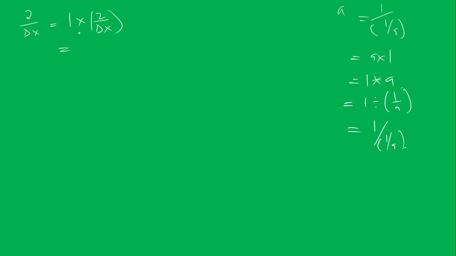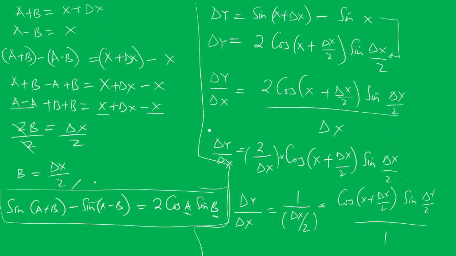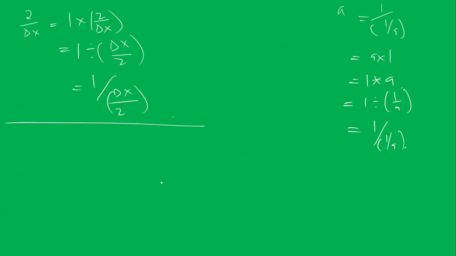Now if you want to change this division sign, you inverse this, so it will now be 1 divided by change in x all over 2. So that is how I change this to be this form.